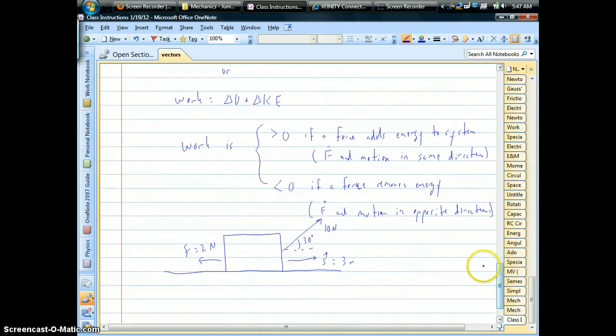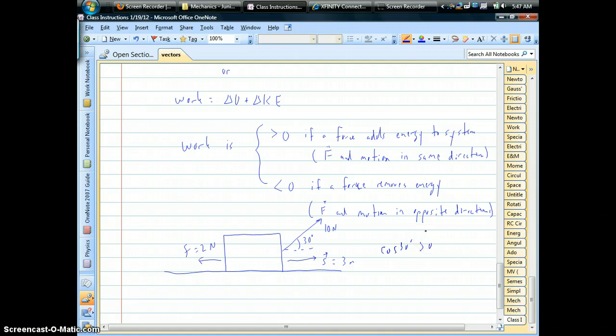So the classic picture is something like this. You're dragging something or pushing something along a surface. In this case, a component of your force and the motion to the right are in the same direction. That would be positive work, because the cosine of that angle would be a positive number.